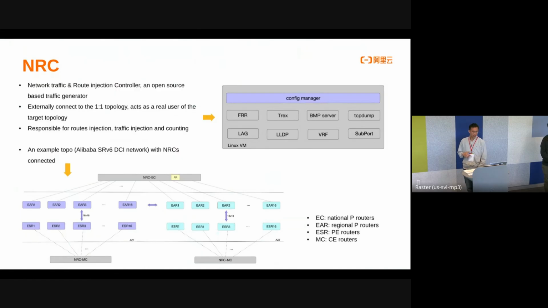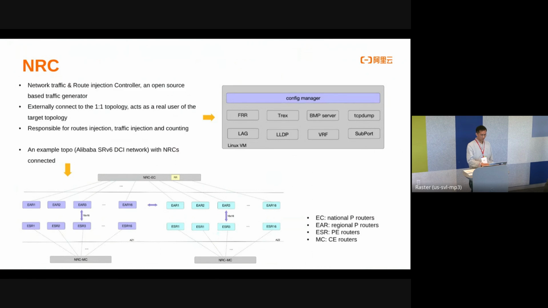Two NRCs are connected to the target topology in the role of MC, and a third NRC is connected to the target topology in the role of EC. Based on this simple topology, intra-regional traffic can be verified using the two MC NRCs, and inter-regional traffic can be verified using the EC NRC and an MC NRC, and vice versa.